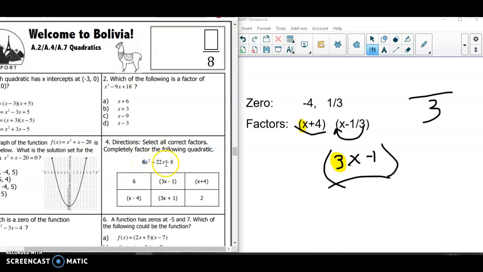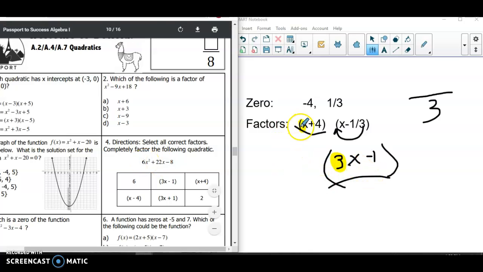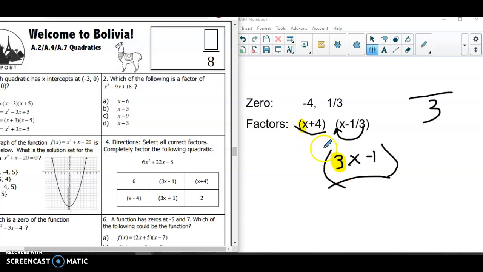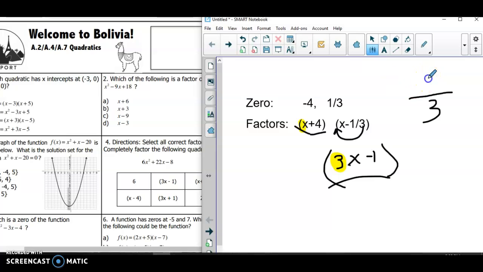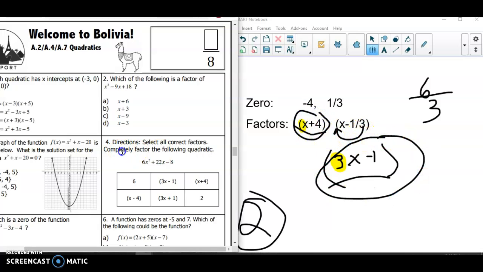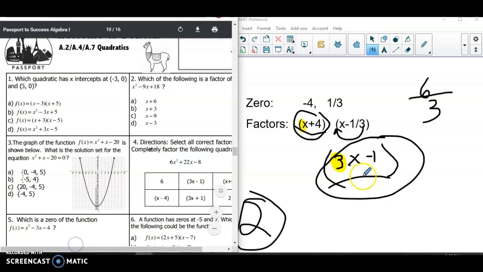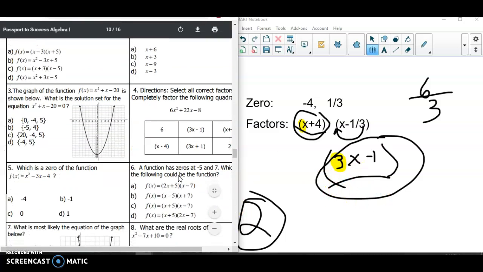Remember, ax squared plus bx plus c. You take your a from your quadratic and divide it by the number you got when you multiplied the numbers in front of your x's. So 6 divided by 3 gives me 2. So I have a GCF of 2 and the factors of x plus 4 and 3x minus 1. Make sure you get all 3 of those.